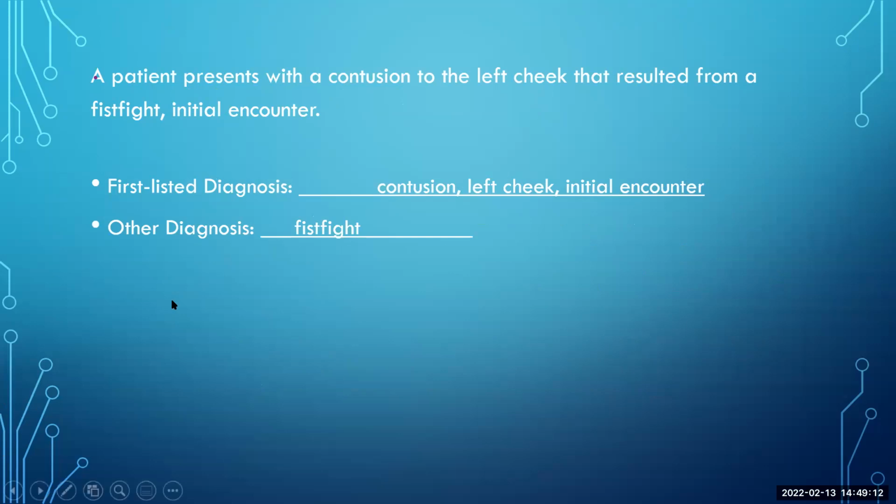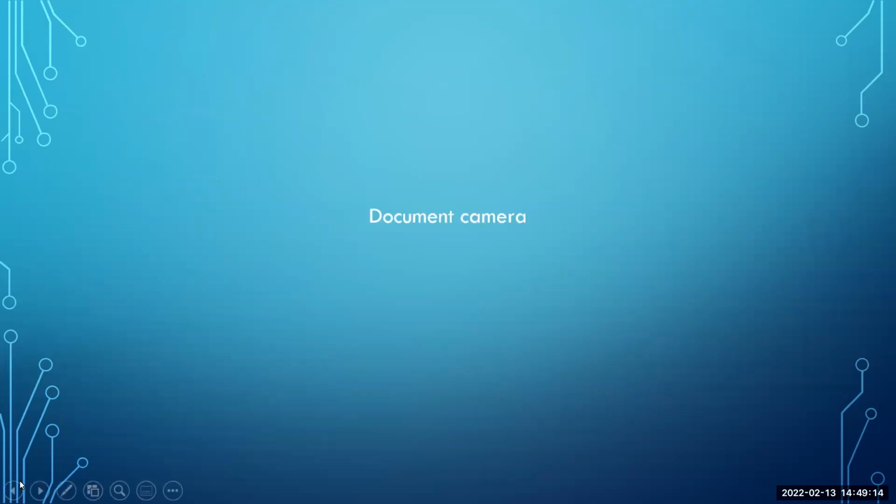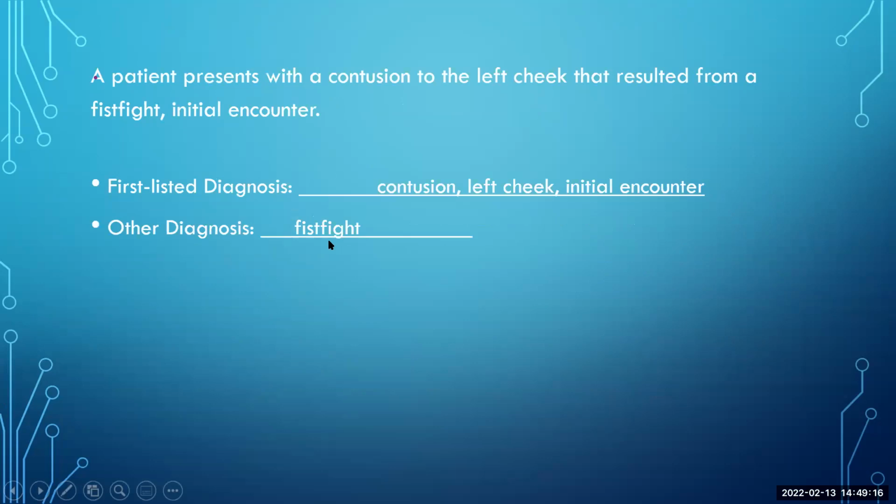Fist fight is also the initial encounter. So if we ever see initial encounter in the description of the injury, it's going to apply to every part of that documentation. So if we need it to describe fist fight, it's okay to use it there as well, okay?